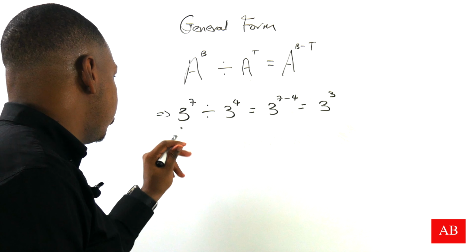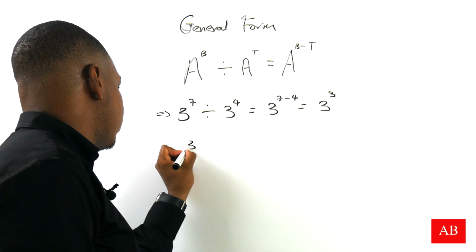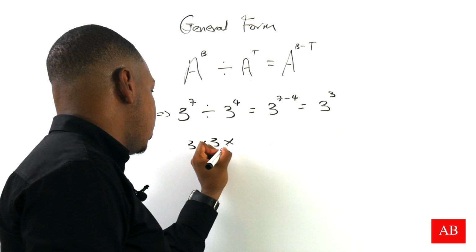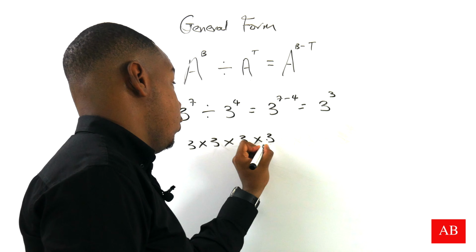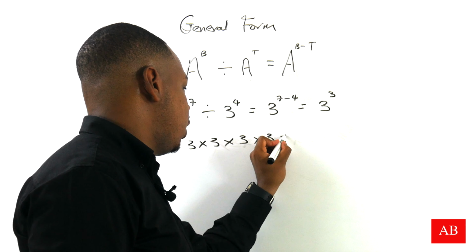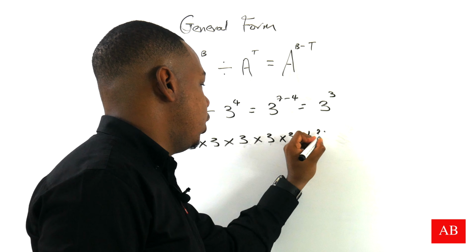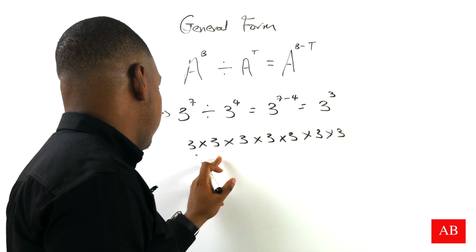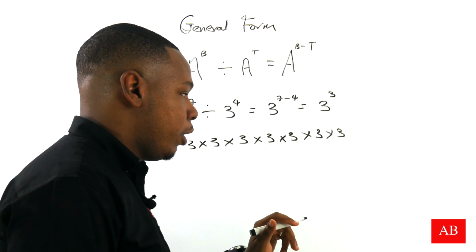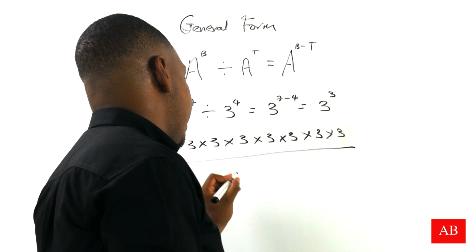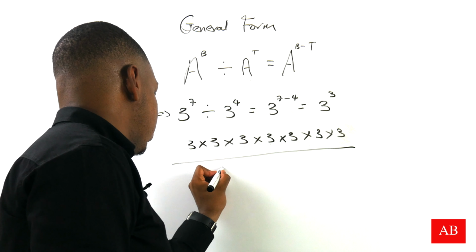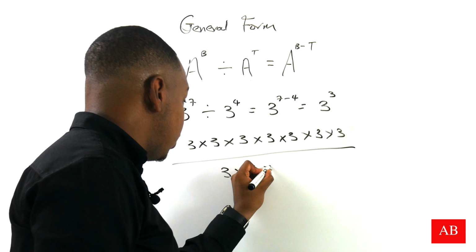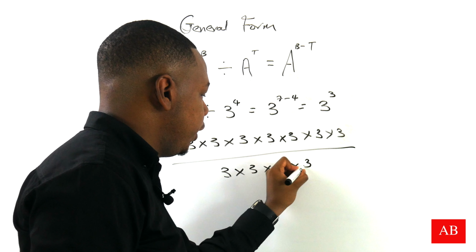Let's work this out a little more. 3 to the 7 is 3 times 3 times 3 times 3 times 3 times 3 times 3. Did I get that right? 1, 2, 3, 4, 5, 6, 7. Okay, great. Divided by 3 to the 4, 3 times 3 times 3 times 3.